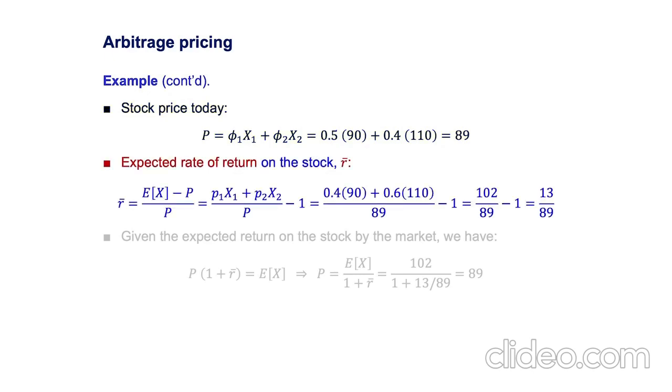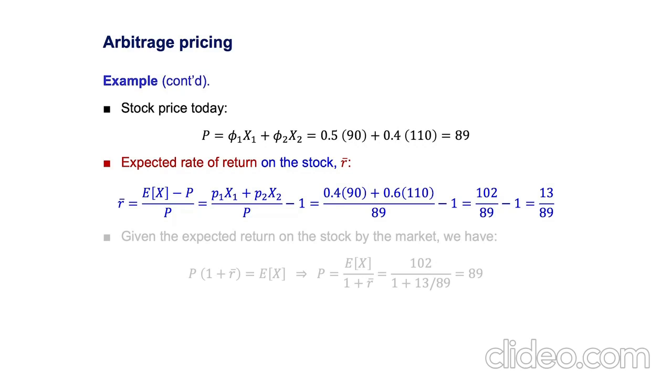Next, we can compute the expected rate of return on the stock, denoted by R bar. R bar should equal the expected payoff on the stock minus its price today, then divided by its price today. It can also be re-expressed as the expected payoff on the stock divided by its price today, minus 1.